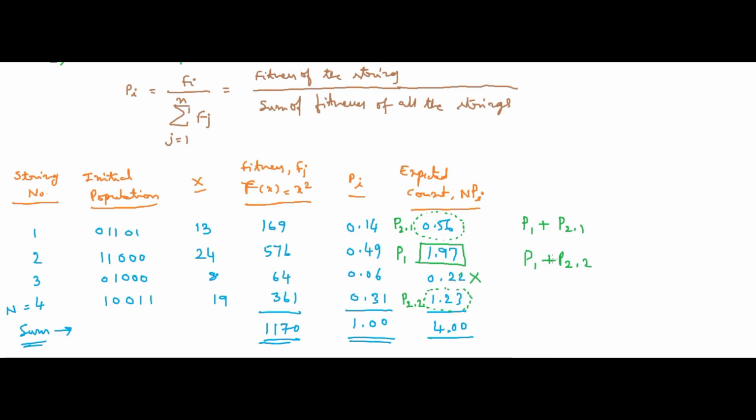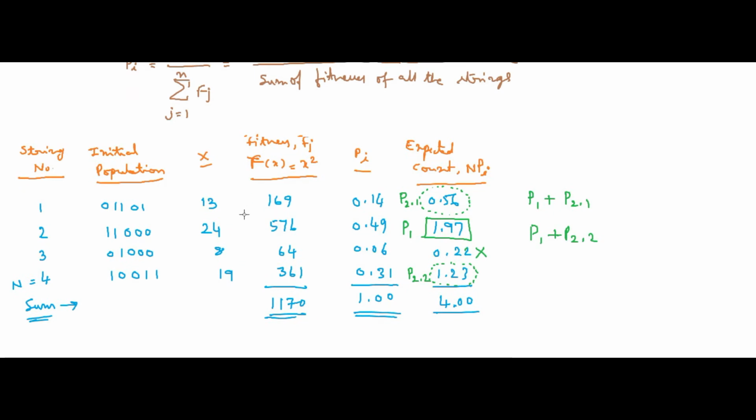Yes, P1 has the highest value. I need to couple this P1 with two more things. Understood? So this is the concept. So in the next step, the crossover step, we will do this part only.